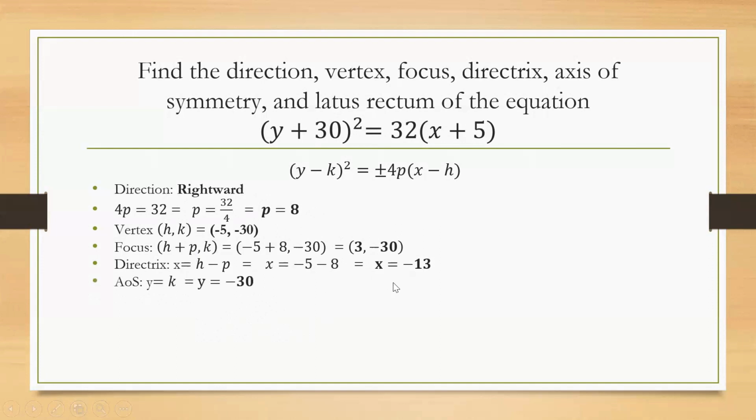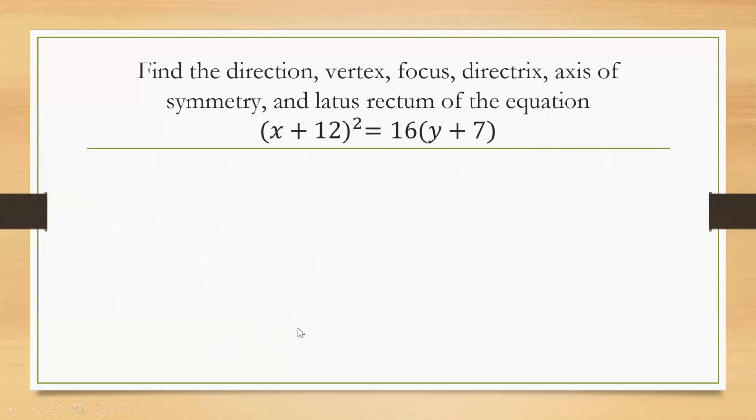For our AOS, that's y equals k, which is basically negative 30. And then for our latus rectum, let's put in the value for p, that's 8, and then we compute to get 32.